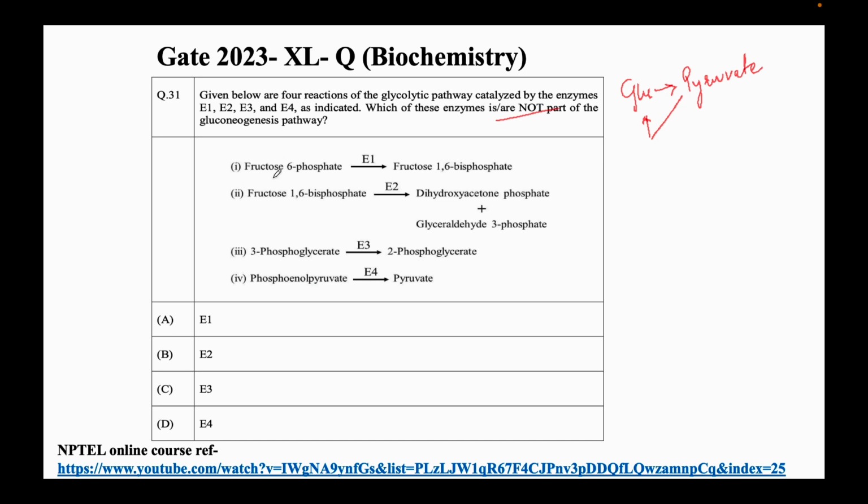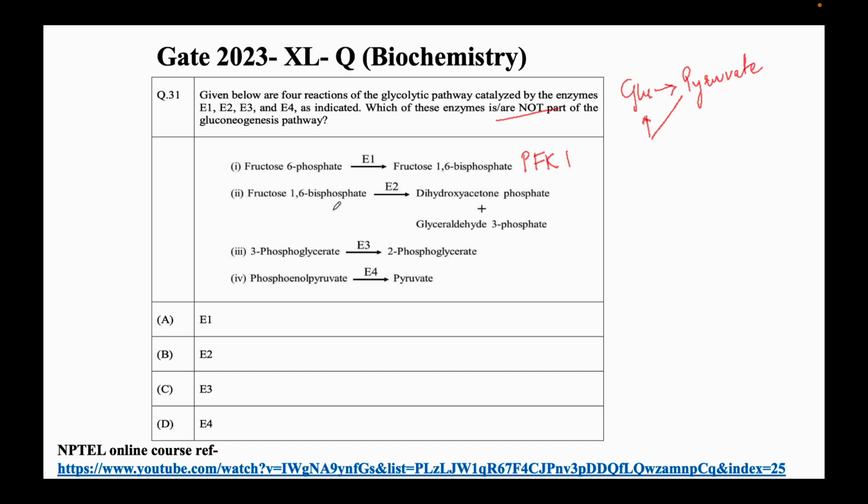So these are the reactions given below, catalyzed by respective enzymes. Fructose 6-phosphate gives fructose 1,6-bisphosphate, and this reaction is catalyzed by phosphofructokinase 1, PFK1. This is a very important enzyme of the glycolysis pathway.